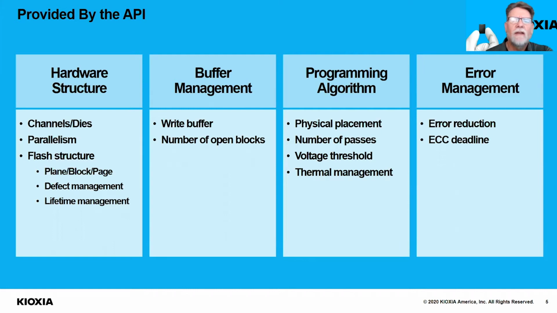Finally, with respect to error management, software-enabled flash allows vendors to optimize error reduction techniques specifically for their own media characteristics. And it also controls the time budget allowed for error recovery attempts, once again tying back to latency.